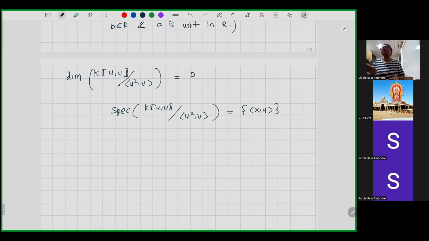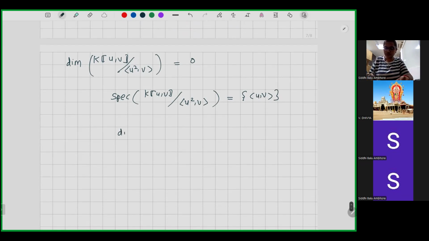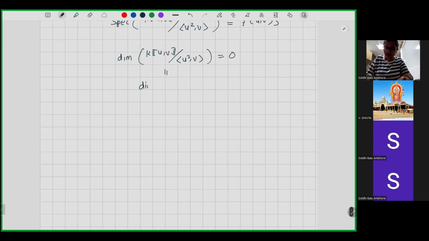Dimension of this ring means we have to find the chain of prime ideals containing (u square, v), but the only prime ideal containing this ideal is (u, v). So this is the only ideal, and the dimension of k[u,v] quotiented by (u square, v) is 0.